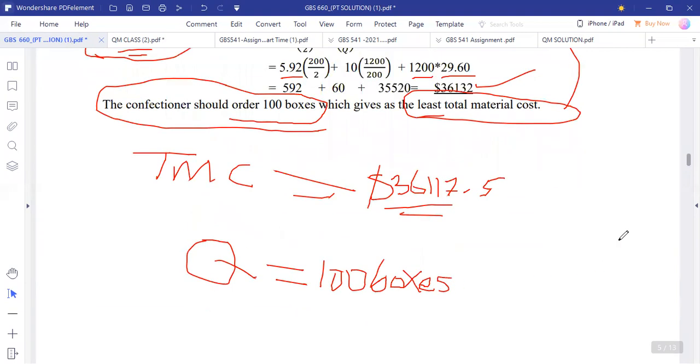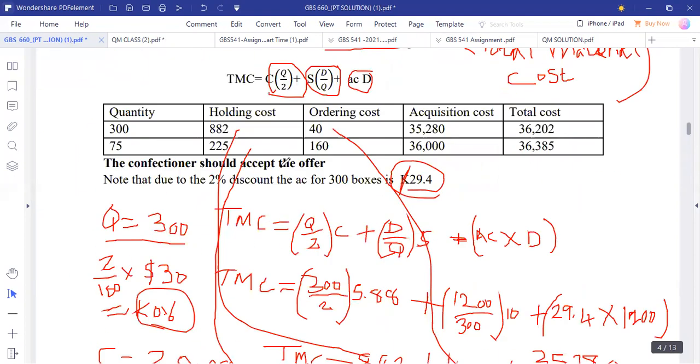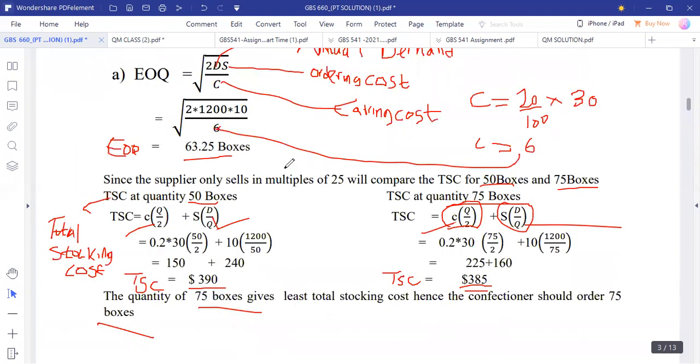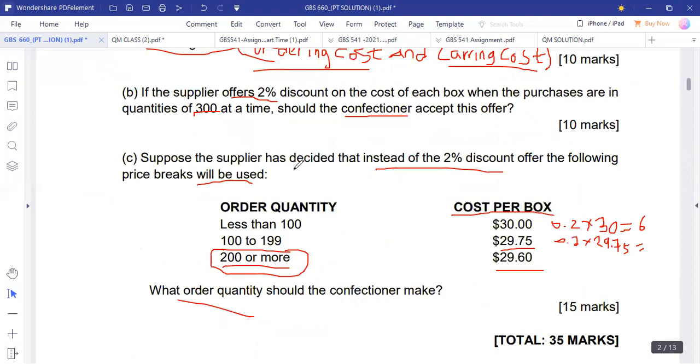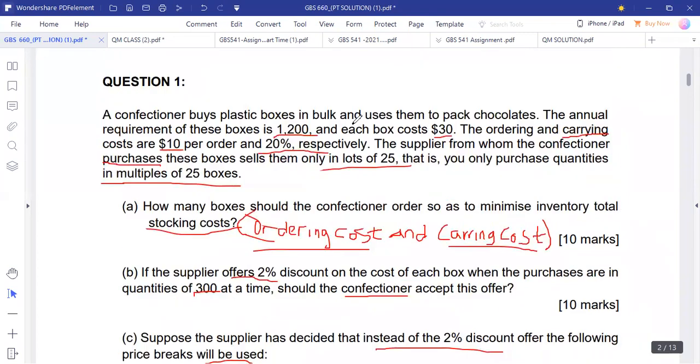All right. So looking at question 1 part A, question 1 part B, question 1 part C, we have explained whatever we're supposed to consider when looking at this question 1.